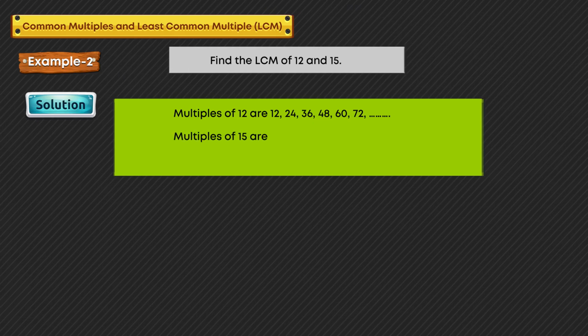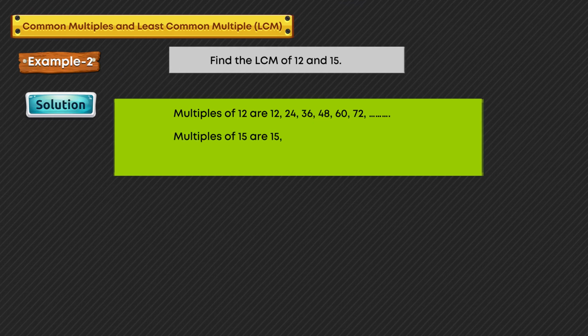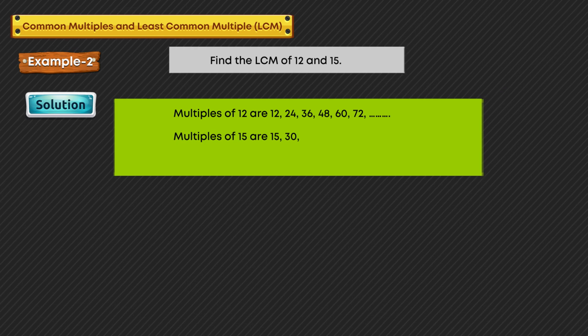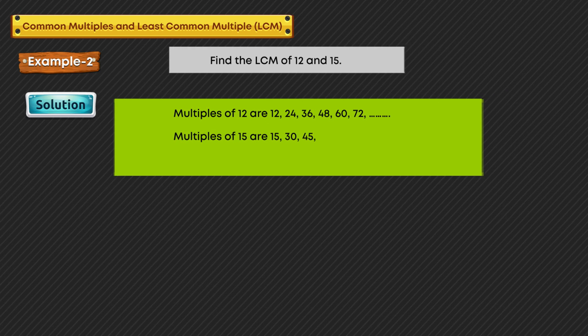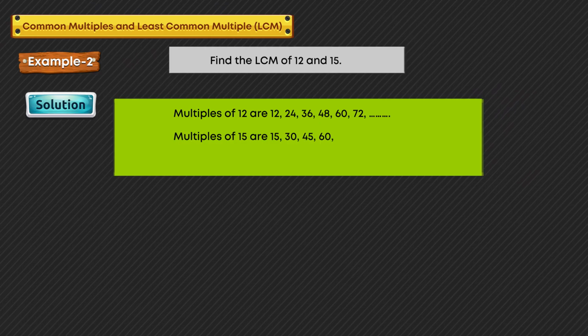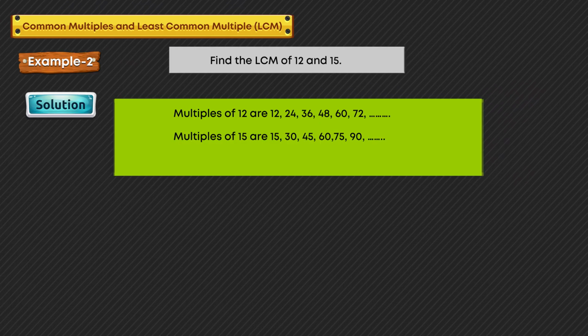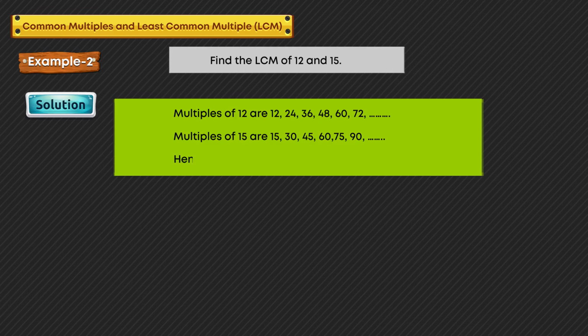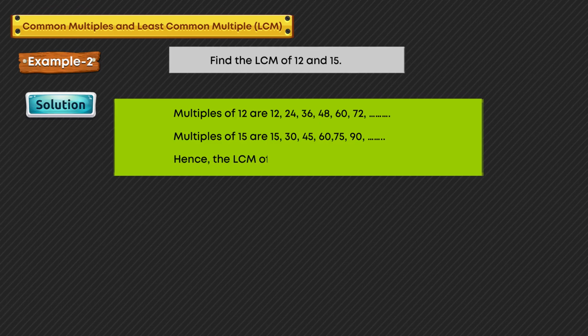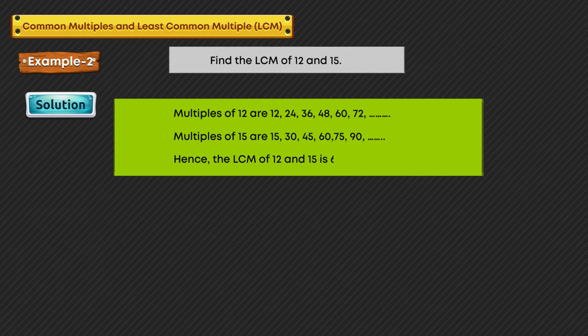Multiples of 15 are 15, 30, 45, 60, 75, 90, and so on. Hence, the LCM of 12 and 15 is 60.